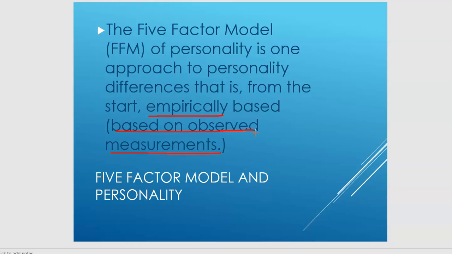And he came up with a theory of how personality works from a psychological perspective based on those observations. And then after that, people applied the theory. The five-factor model is based strictly on empirical information from the beginning.